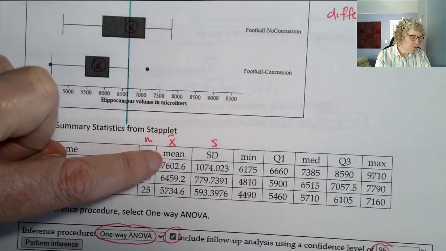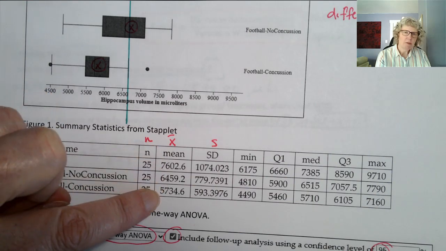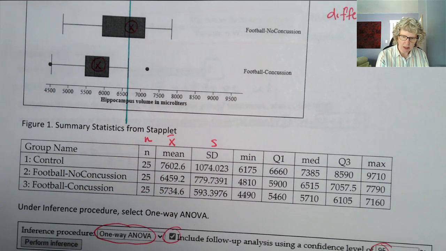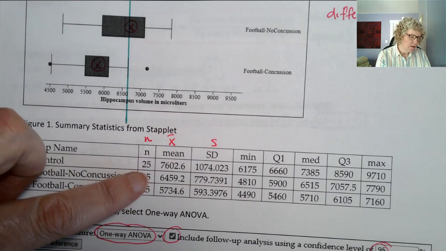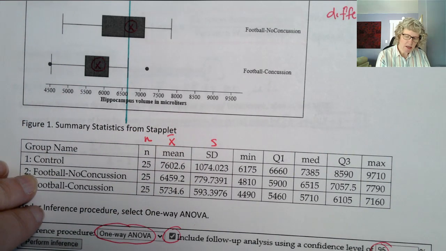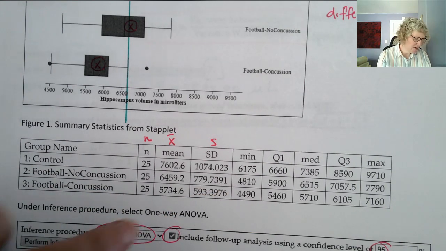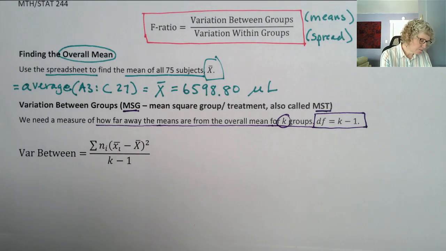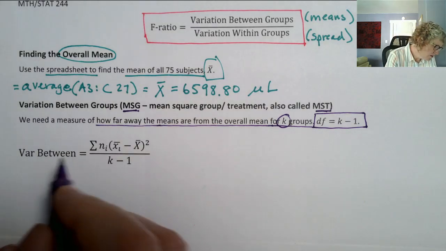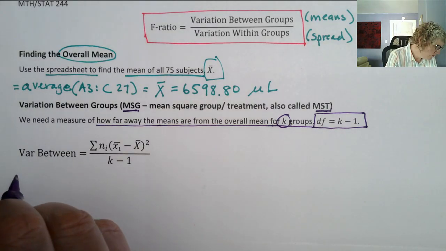And then we're going to use each group mean minus the overall mean. So have these summary statistics handy, and I bet you'll guess we're going to use the s's in the denominator, right, for the spread. So, I'm just going to keep it off camera here because I'm juggling a lot of things here.